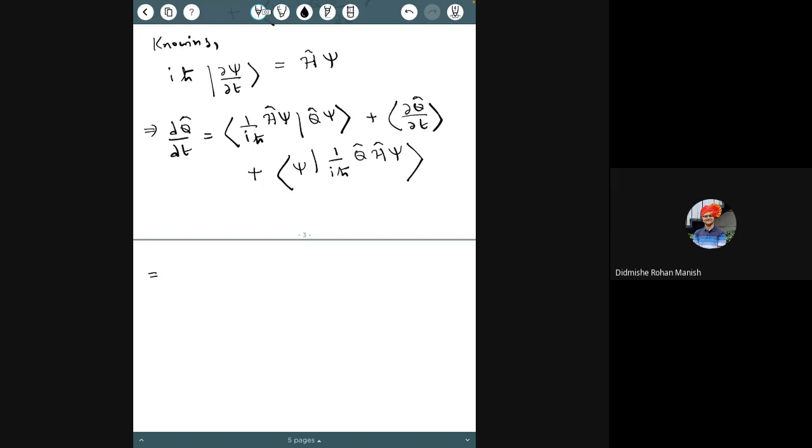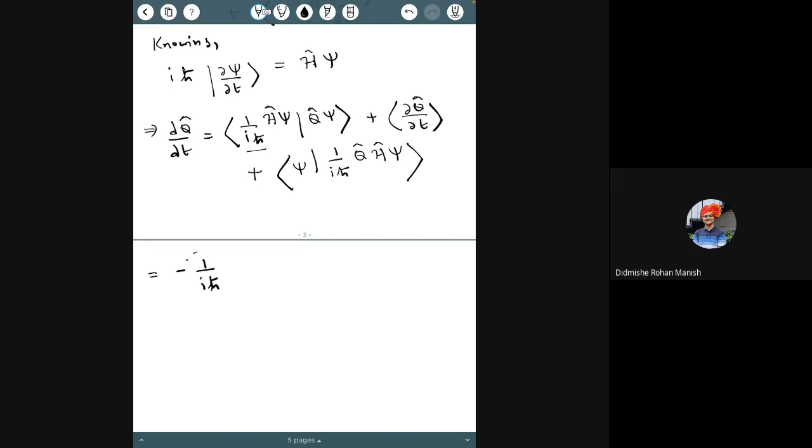Okay, so when I take out this 1 by iħ from the bra, I have to put a minus sign because I'm doing the complex conjugate over here.